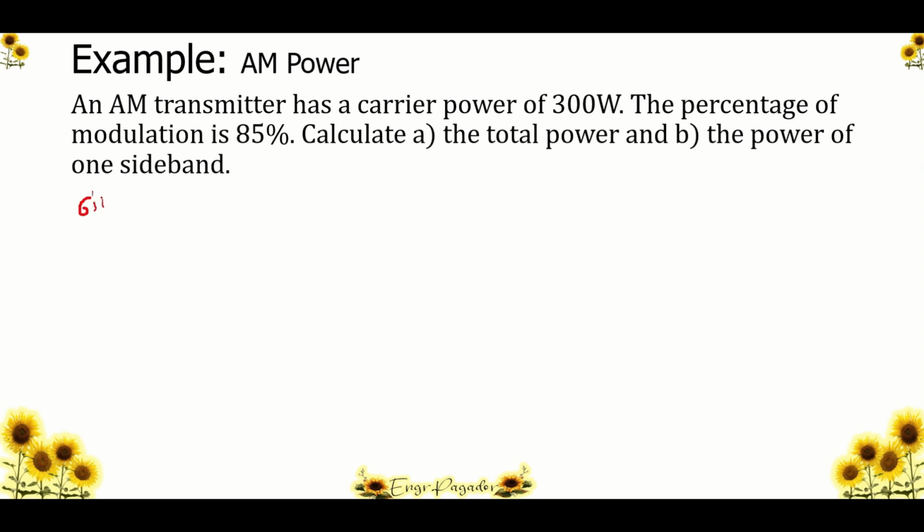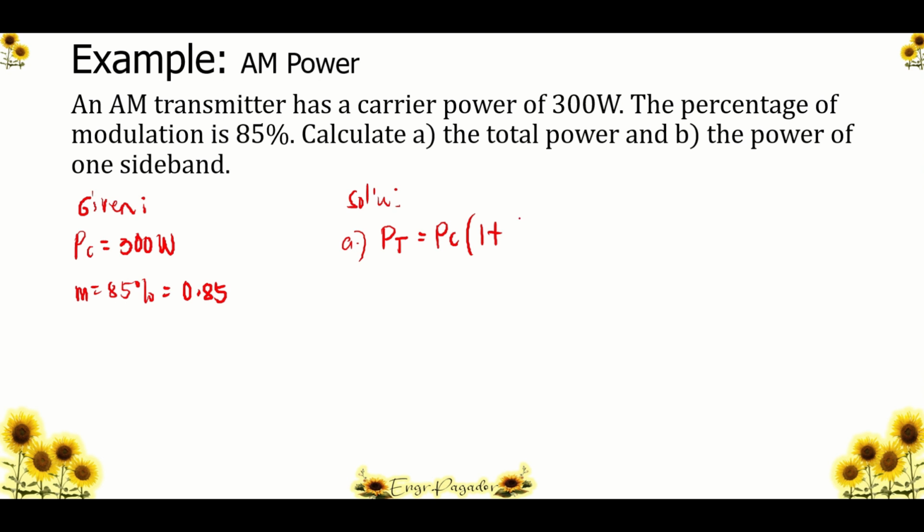So, given muna tayo. Given natin is the carrier power PC, that is 300 watts. The percentage of modulation is 85% and that is equal to 0.85. So, solution natin, letter A, calculate the total power. So, since given ulit tayo ng M and PC, gagamitin ulit natin si PC times 1 plus M squared over 2.